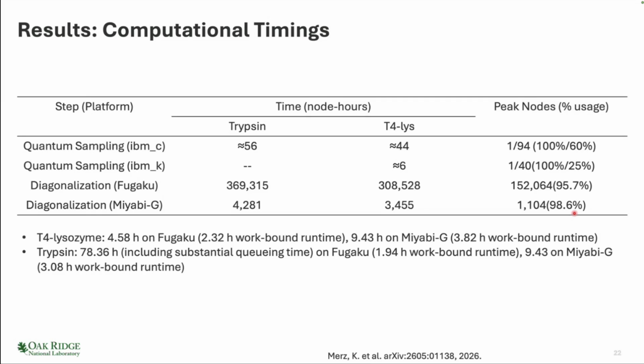For Tripson, this calculation sat in the queue quite a while on Fugaku, but it was only about 2 hours of work-bound runtime on Fugaku, and about 3 hours of work-bound runtime on Miyabi G. And at 64 node parallelization, the selected basis diagonalization routine was able to achieve a parallel efficiency of 72.5%, which is quite good scaling for this diagonalization routine.